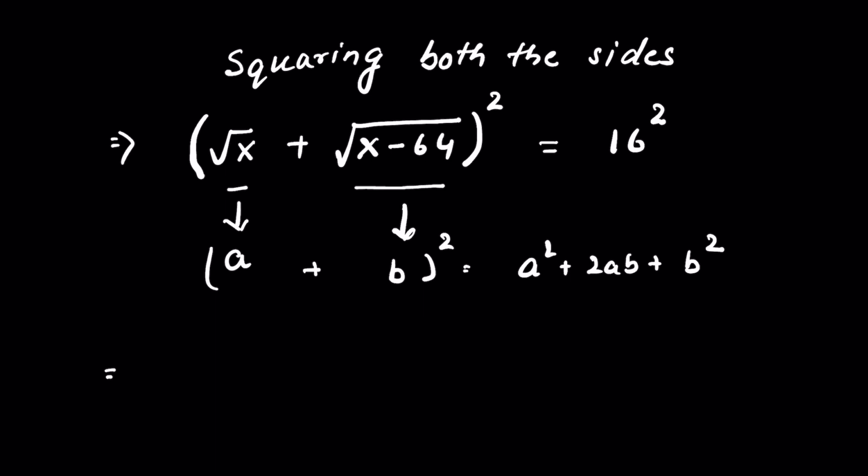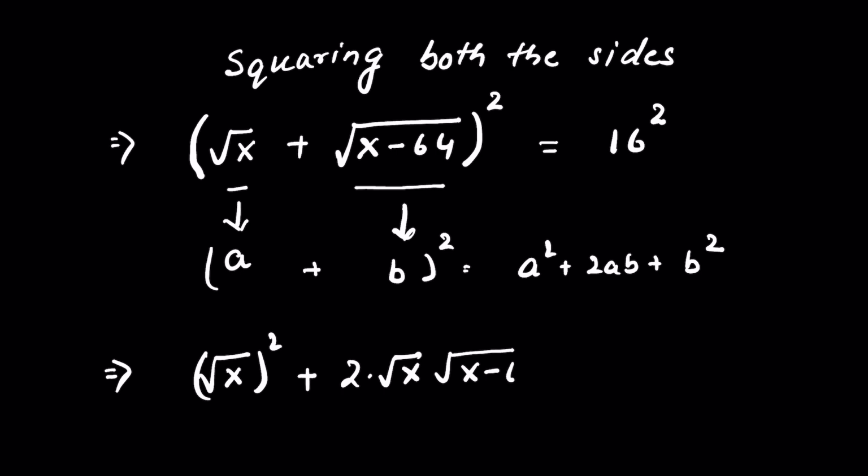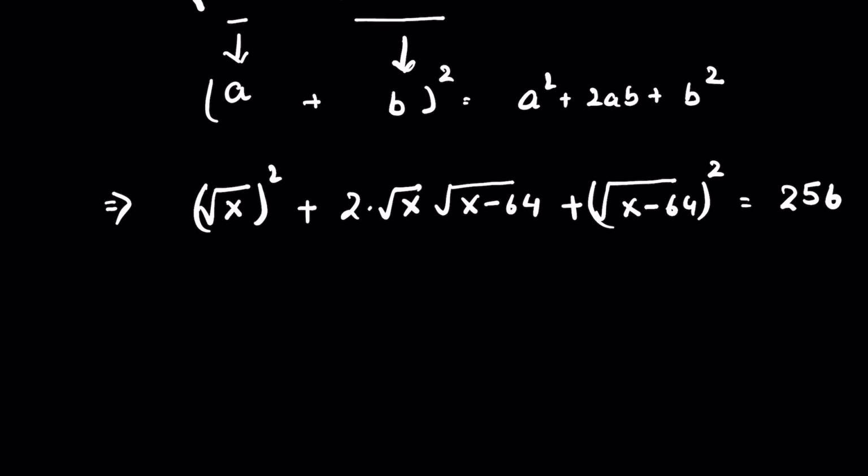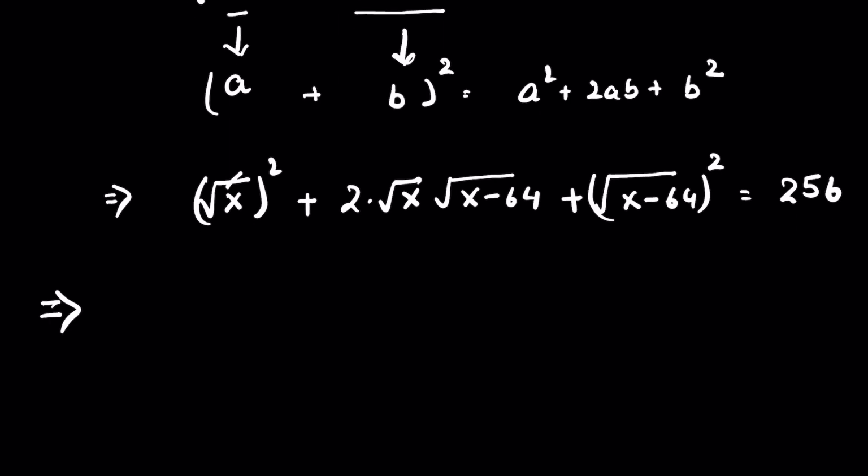So we can write it as square root of x whole square plus 2 times square root of x times square root of x minus 64 plus square root of x minus 64 whole square is equal to 16 square, which is 256.